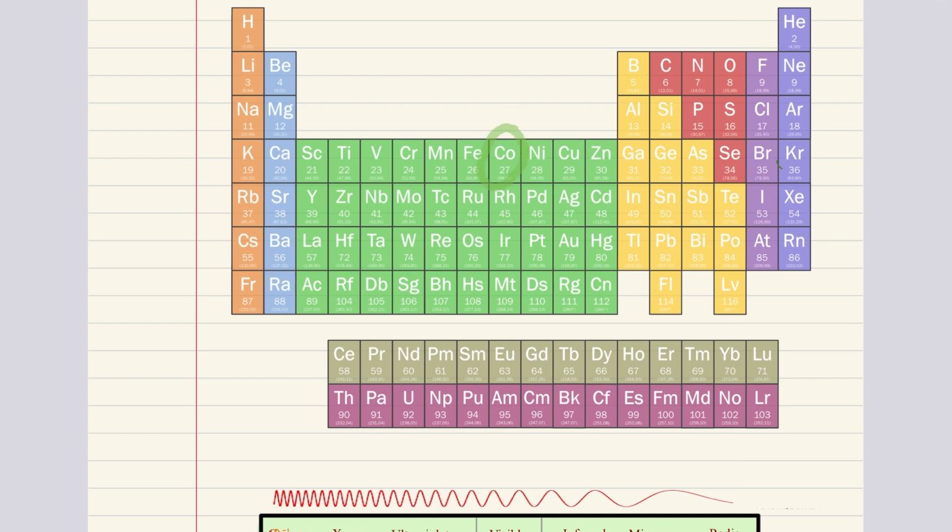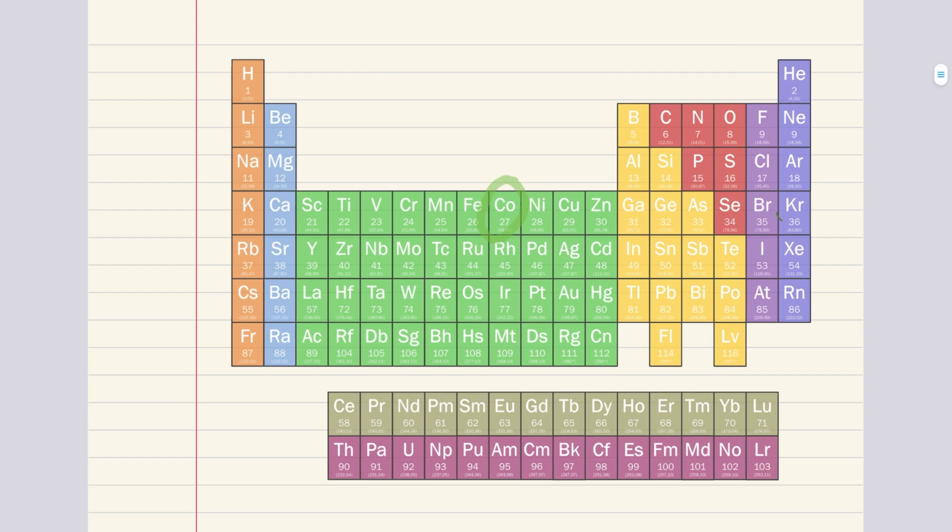Let's write its electron configuration in noble gas notation. The last noble gas we pass before we get to cobalt is argon. Then the orbitals we fill are the 4s2 and then 3d, 1, 2, 3, 4, 5, 6, 7. 3d7. So this is for neutral cobalt.